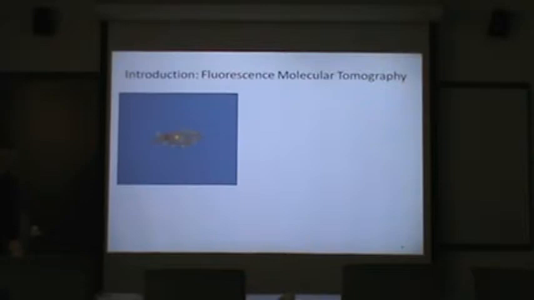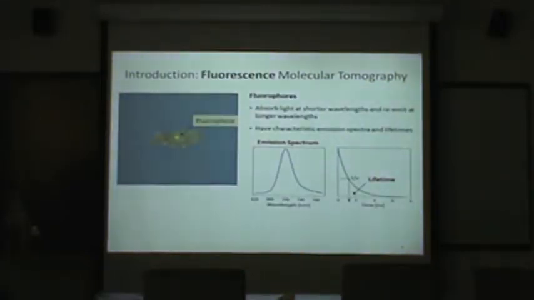And if we want to talk about FMT, basically the first thing I need to do is talk about a fluorophore. So for the purposes of this presentation, I'm going to define a fluorophore as a chemical compound that absorbs light at shorter wavelengths and then re-emits it at longer wavelengths. And the important thing to know about this is that fluorophores have characteristic emission spectra and lifetimes.